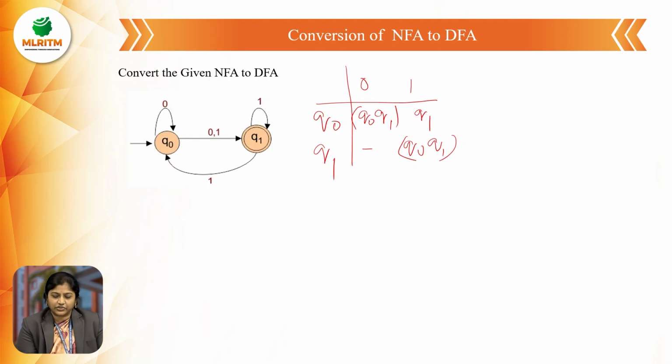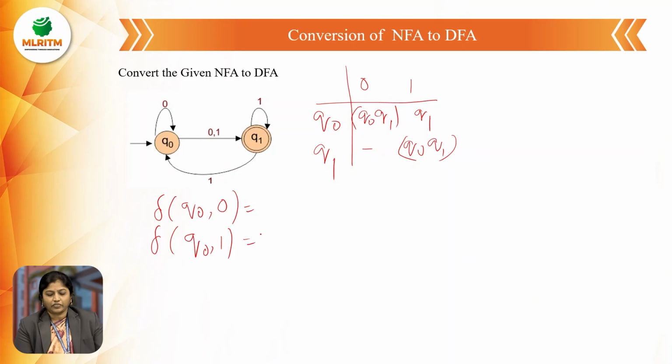First, we'll start initially with Q0, as Q0 is the start state and Q1 is a final state. So, transition of Q0 on 0, where is it going? Q0, Q1. Transition of Q0 on 1, where is it going? Only Q1.